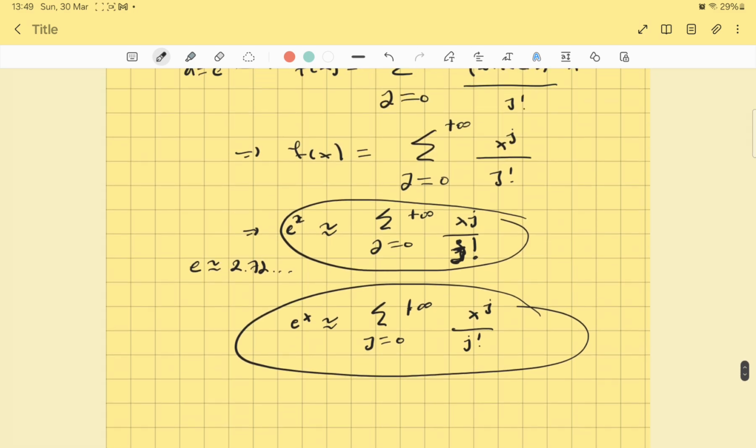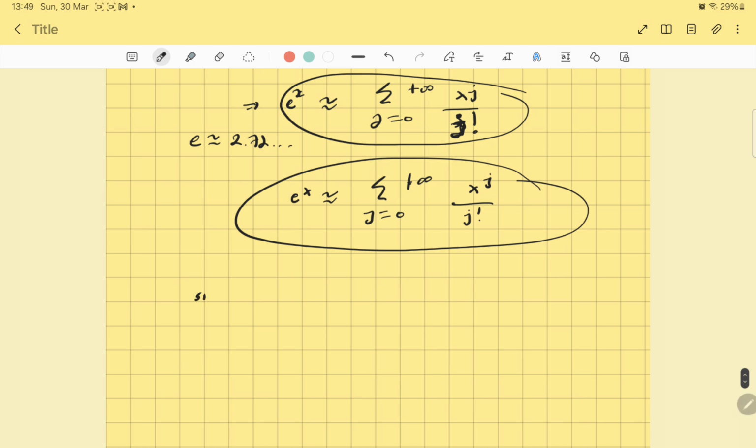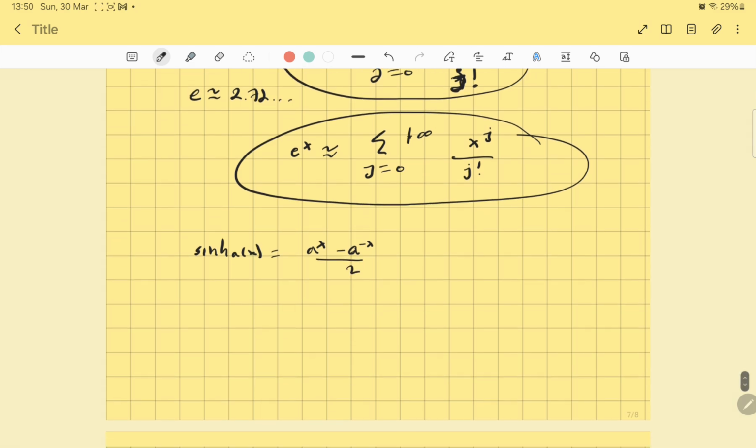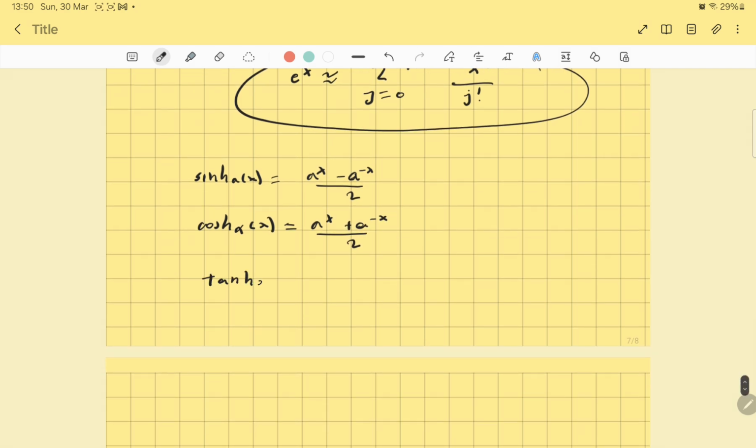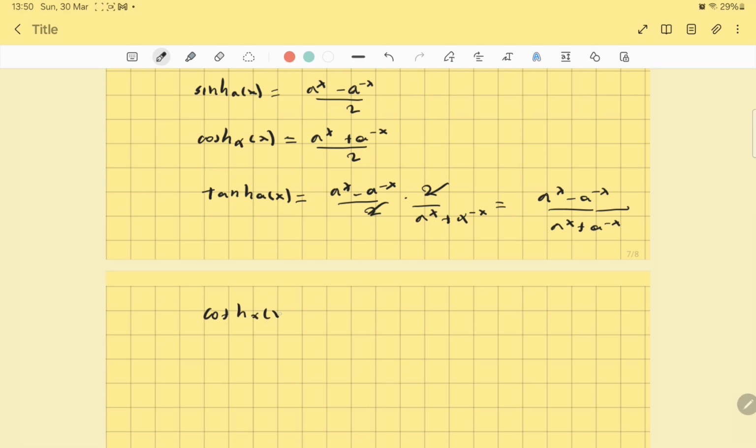And we can derive expressions for generalized hyperbolic functions like sine hyperbolic a, cos hyperbolic a, tan hyperbolic a, and cotan hyperbolic a, which is 1 over tan hyperbolic a.